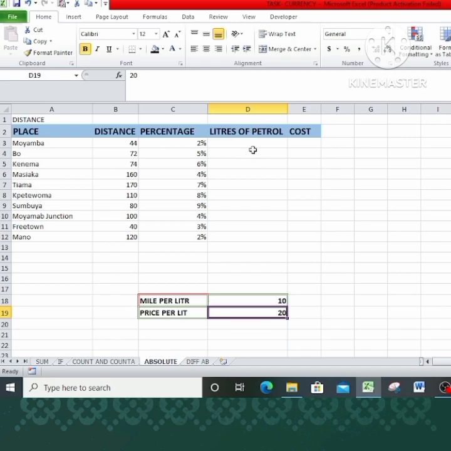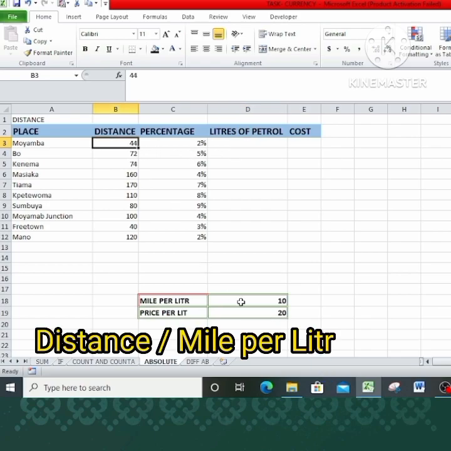Okay, now to get our liters of petrol here, we have to divide the distance here by the miles per liter. Okay, now let's take a look at this. So let's put our equals sign here. We all know when we want to start a formula or a function in Microsoft Excel, we must put our equals sign.